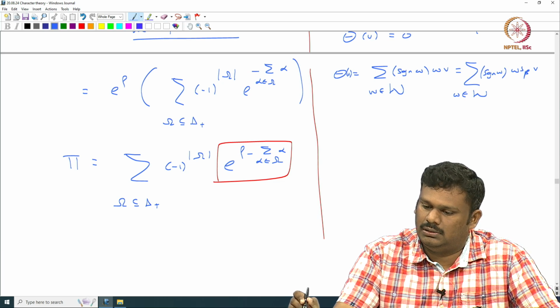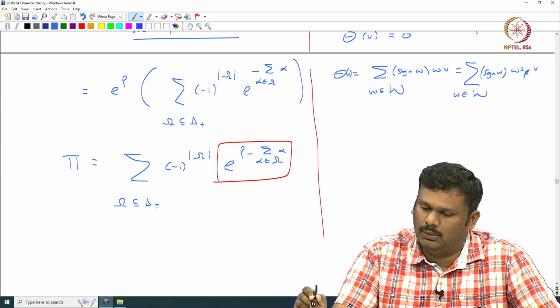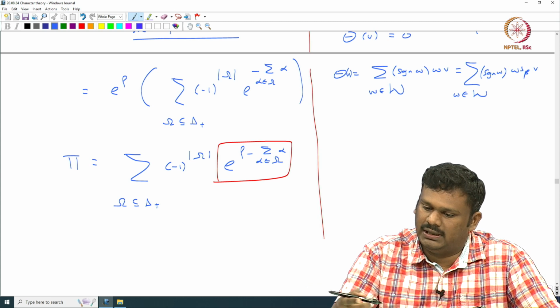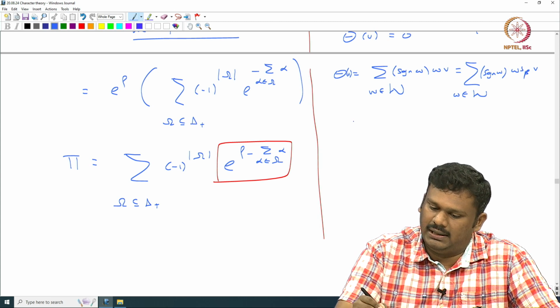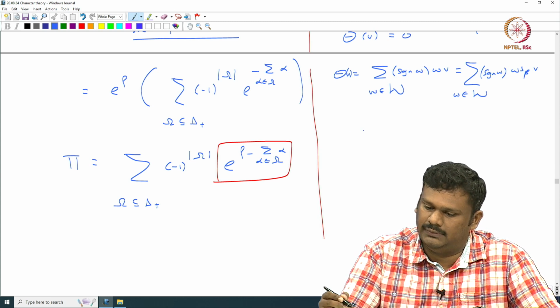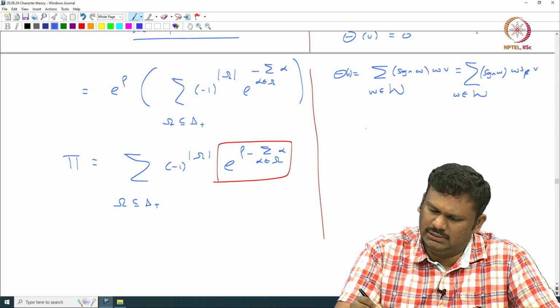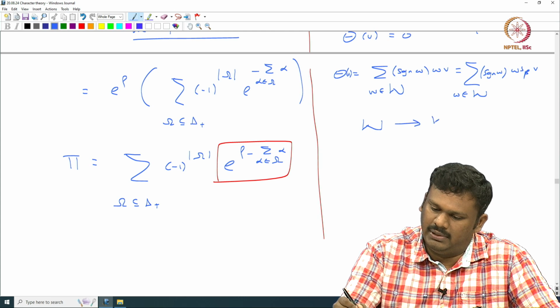Okay. So, now it is easy to see that you can pair W with W S beta. Because if you pair this, you have this natural involution, which is given by multiplying by S beta.